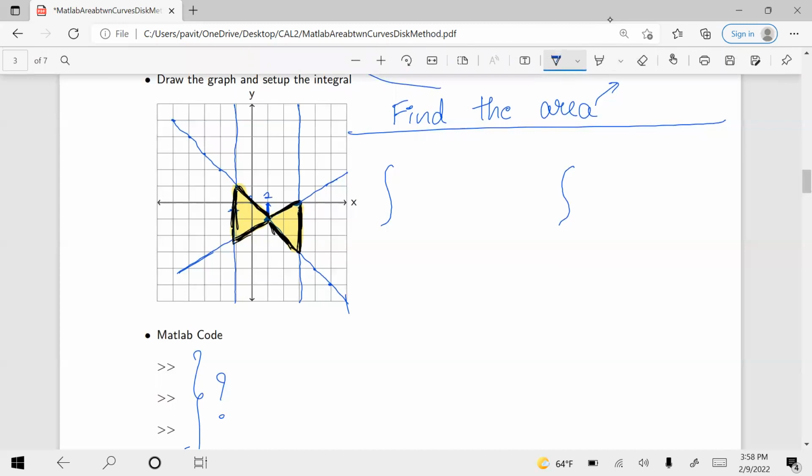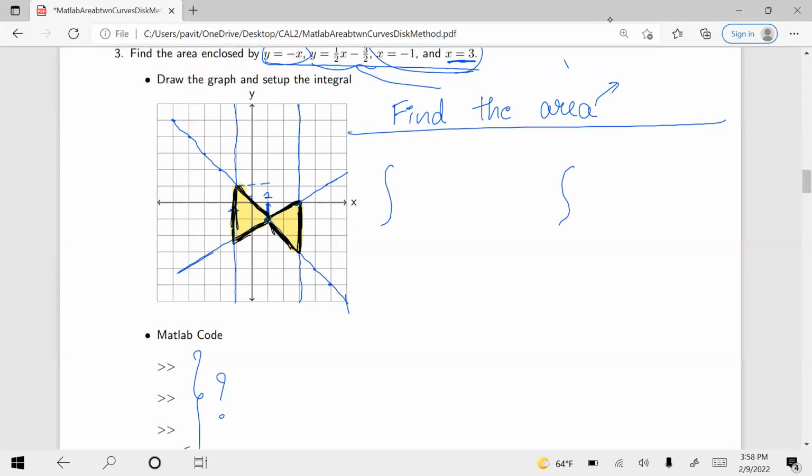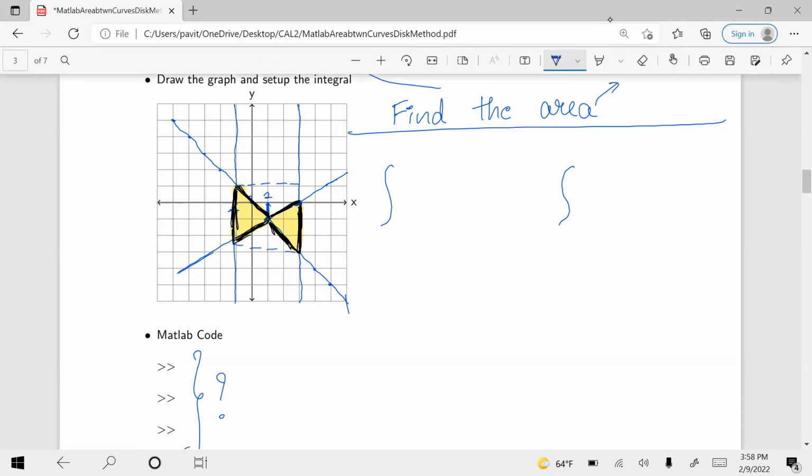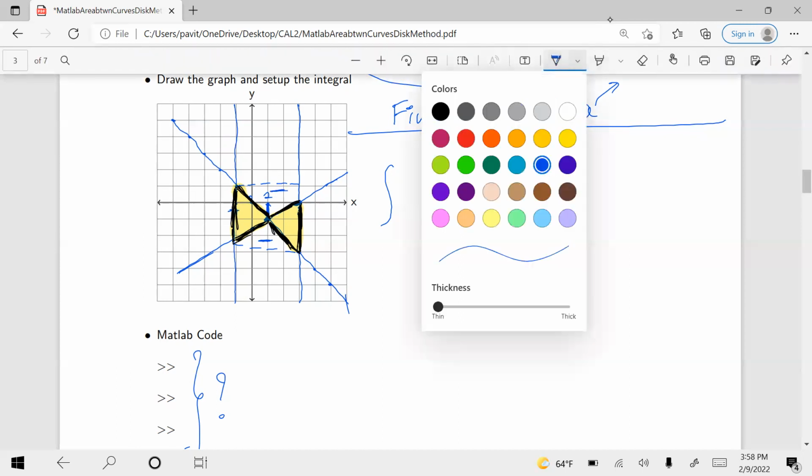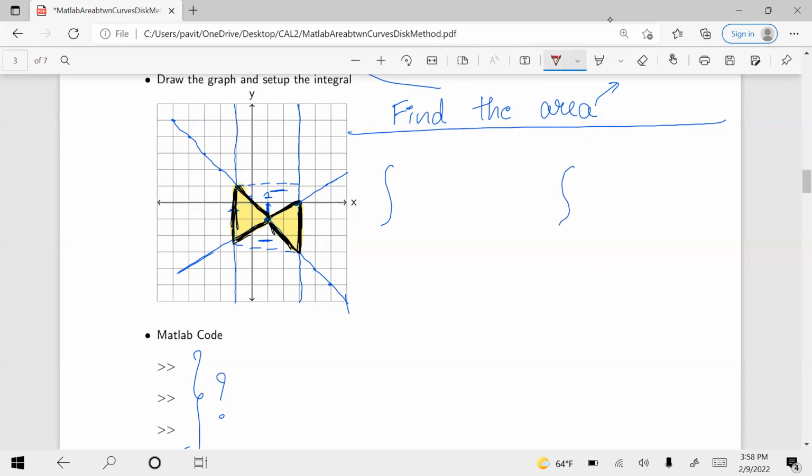Okay, so here we can consider this as a rectangle. Now, considering this as a rectangle, I'm going to eliminate the top portion and the bottom portion. You have to be very careful when you are doing this.